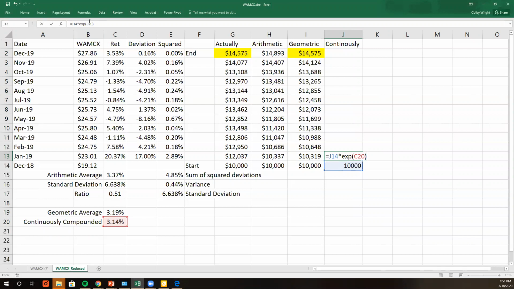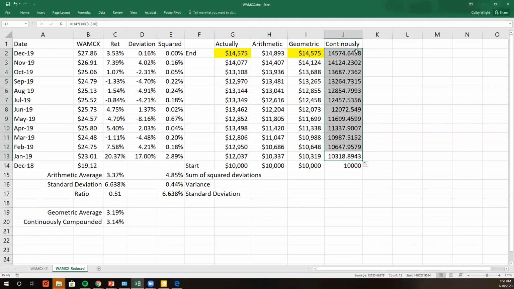So this is just continuous compounding, taking the beginning value and multiplying it times e raised to my continuously compounded rate of return. If we do it right, it should get to the same number, which it did.